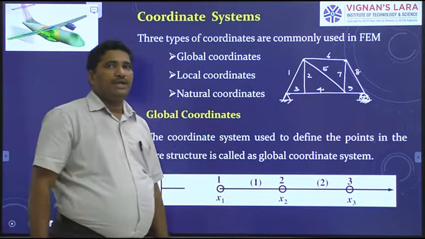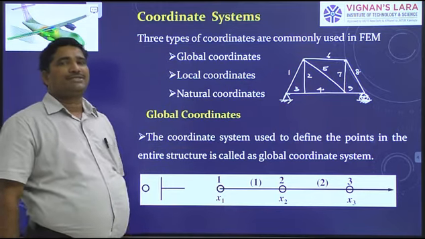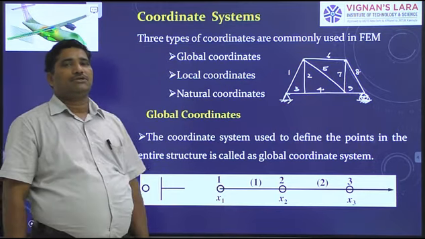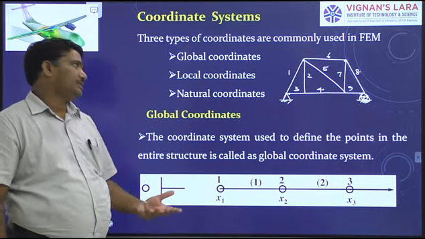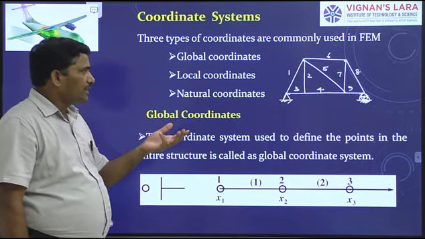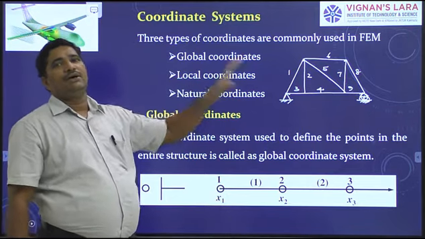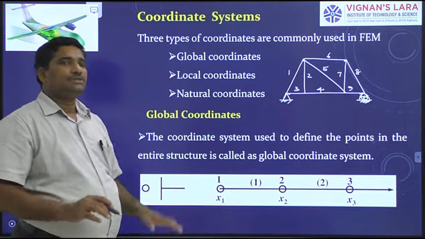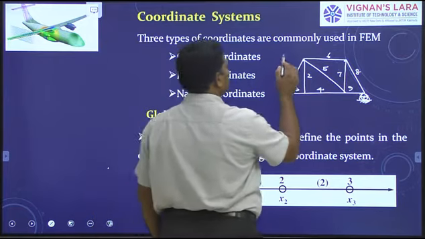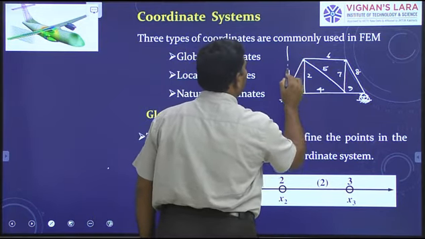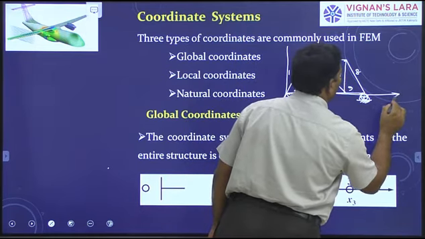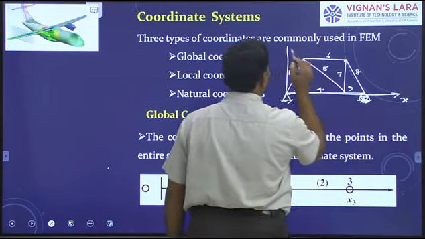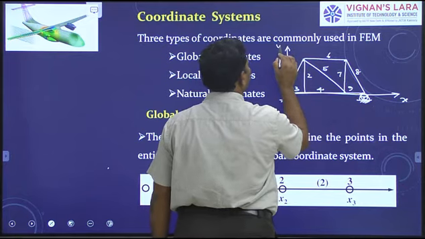Right? To define any point in this truss structure, we want two coordinates. To define the geometry of the domain, you want two coordinates. So therefore, to define the entire geometry, we consider the global coordinate system with coordinates, say x and y.